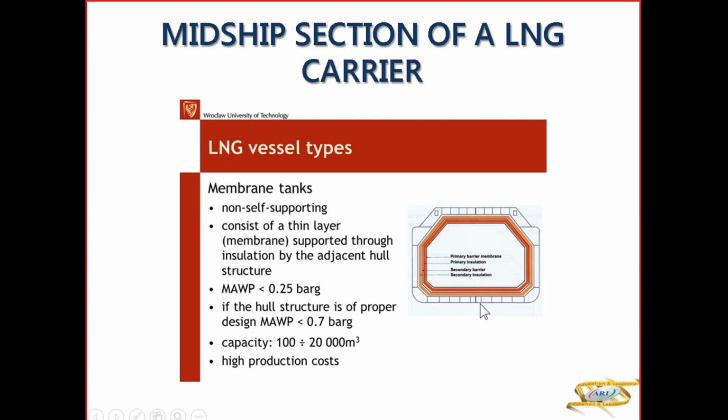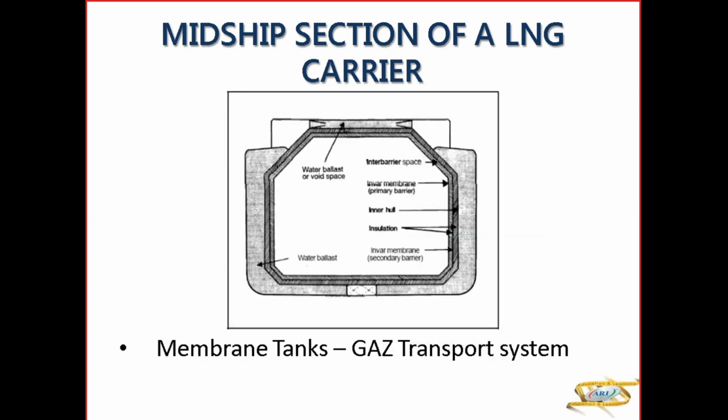I'll just show you the other diagram. Here is the diagram. Now this is your water ballast tank here. This is the duct keel. Here also the water ballast is there. And here you have a void space, or water ballast. You can have either void space or water ballast.